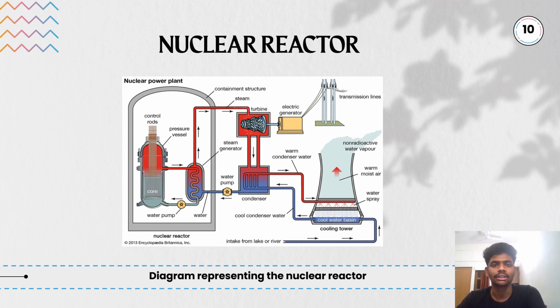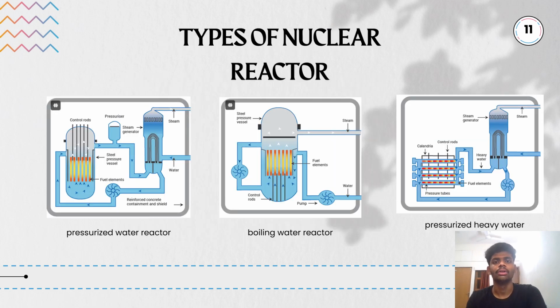This is electric generator. This is turbine and containment structure. This is known as containment structure, and it is known as steam. Now, these are the parts of the nuclear reactor, and the following diagram represents the rough diagram of a nuclear reactor.